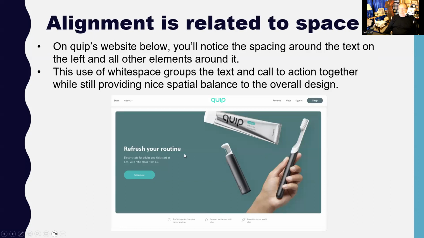This is something I got in the past. I don't know if they've changed it. But that's a good idea with the floss and the handle. On Quip's website below, you'll notice the spacing around the text on the left and the other elements around it, so they've got that pushed over there. The use of white space as emphasis for everything else.